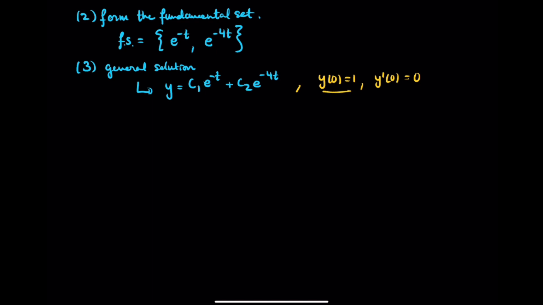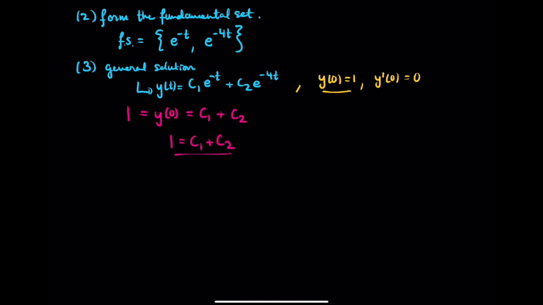To be clearer, y is y(t). So y(0) is 1, c1 e to the 0 is just 1, and c2 e to the 0 is also 1. Therefore 1 equals c1 plus c2.